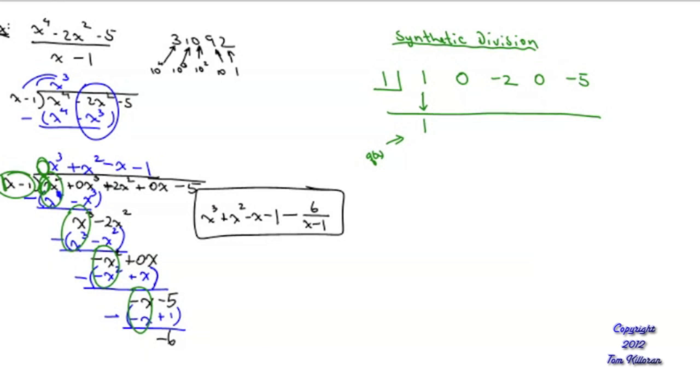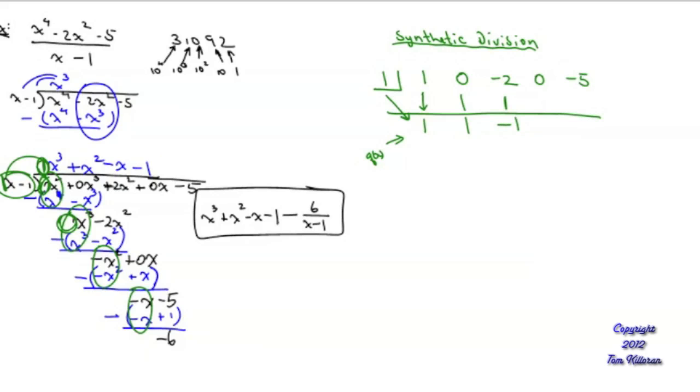Now, once I put this 1 up here, it's 1 times 1. You write your answer over here, and then you add. So 1 times 1 is 1. 1 plus 0 is 1. That's this 1 right here, sitting in front of that x cubed. 1 times 1, 1. 1 minus 2, negative 1.